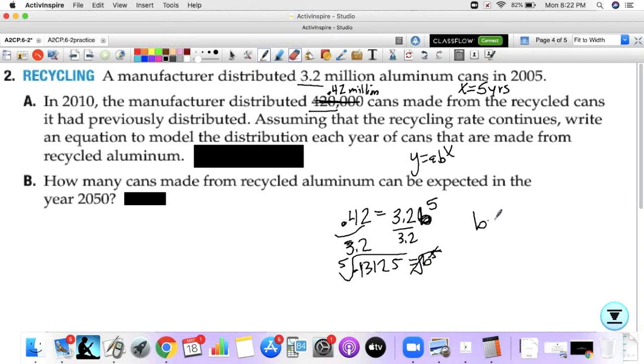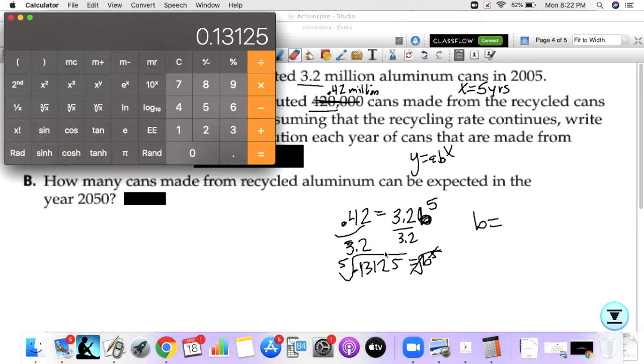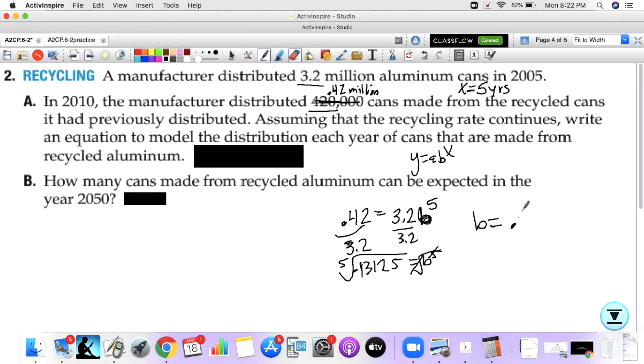I'm left with b equals, and then I'm going to take that number I have on my calculator already, and I'm going to press this button and 5th root it. And I get 0.6662, so I'm just going to do 0.666. So my equation is going to be y equals my initial amount, which was 3.2, times 0.666 raised to the x.